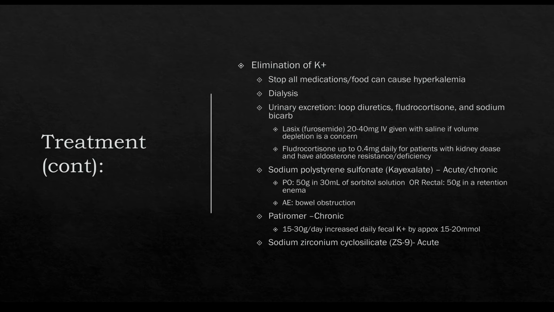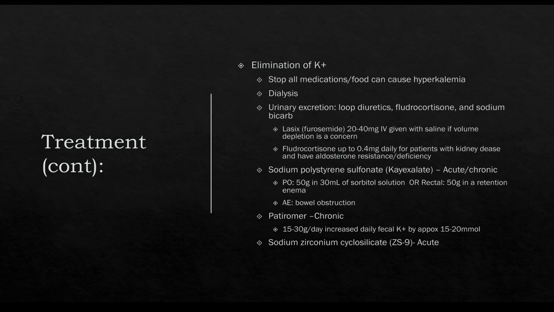Kayexalate, sodium polystyrene sulfonate, is usually given for either acute or chronic hyperkalemia. It can be given orally, 50 gram with 30 ml of sorbitol solution, or rectally, 50 gram in a retention enema.